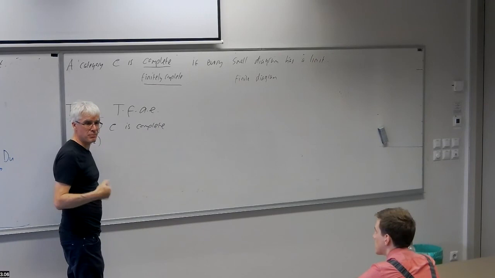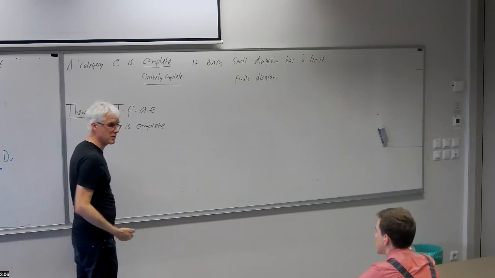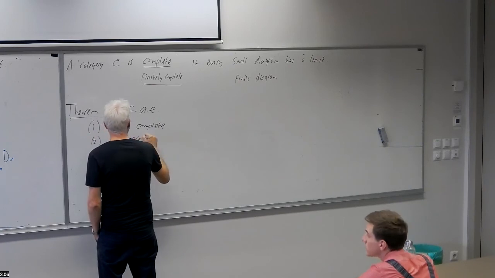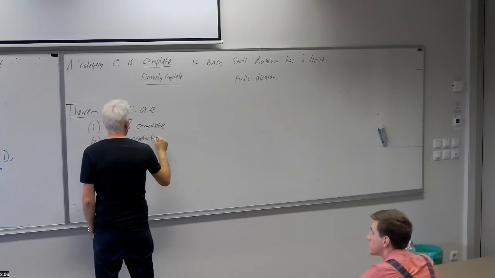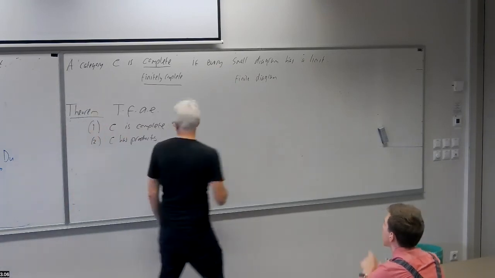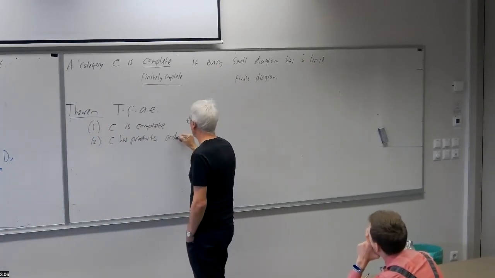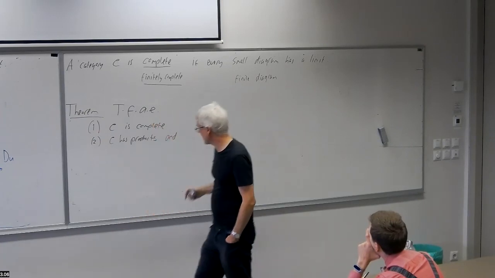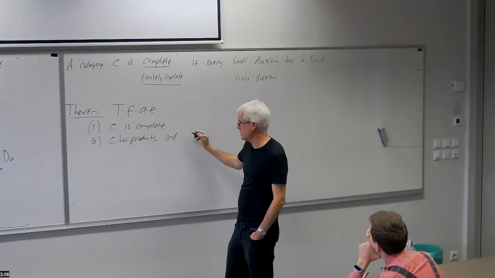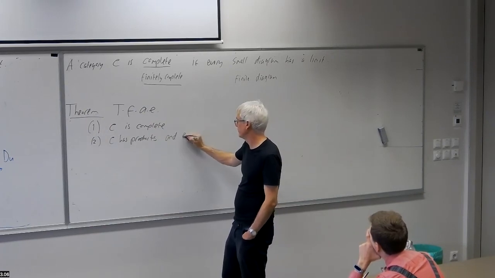So in particular, it has products because those are special cases of small diagrams, general products, the I-indexed ones. And it also has equalizers because those are also a special case of diagrams, in this case a finite diagram with only two vertices and two edges.